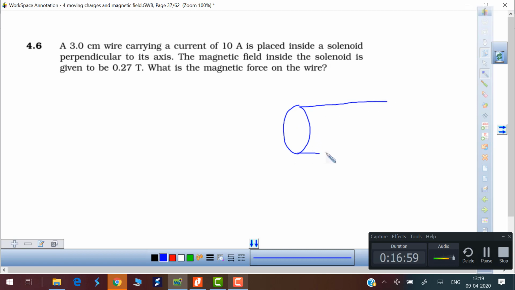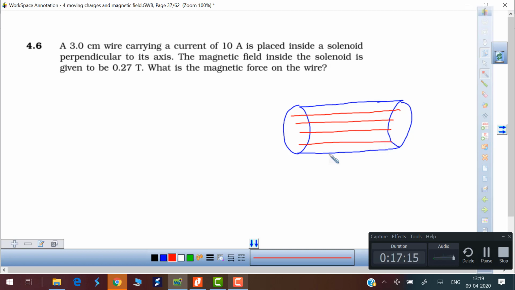This is your solenoid, and this is the magnetic field of the solenoid. This is the magnetic field, and it is uniform, as we know it is uniform magnetic field. And this is the axis of the solenoid.